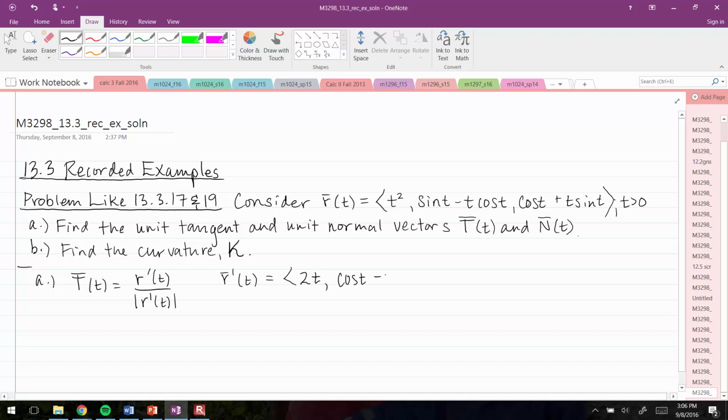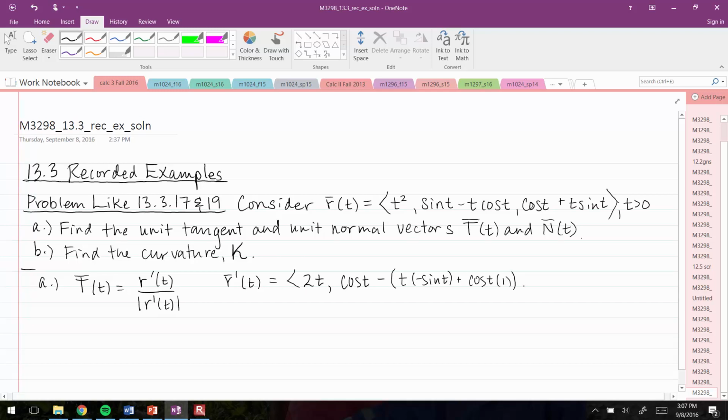Here we have to be a bit careful and remember that we have a function of t times another function of t, cosine of t, and that we need to use the product rule in that context to find the derivative. So I'm going to put parentheses here and I'm going to have t times the derivative of cosine t, which is negative sine t, plus cosine t, the original function, times the derivative of t, which is 1.